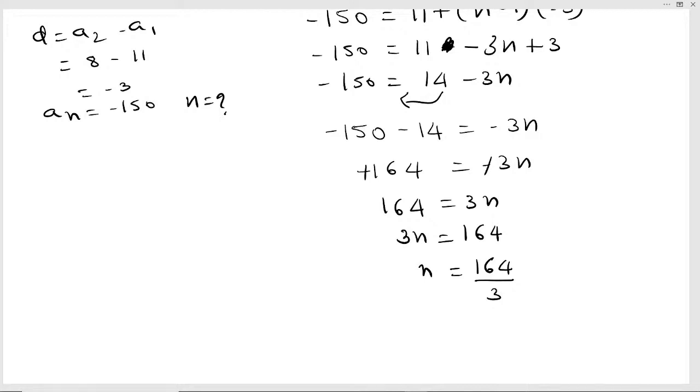Because this number is not divisible by 3, we can write here n is not a natural number.